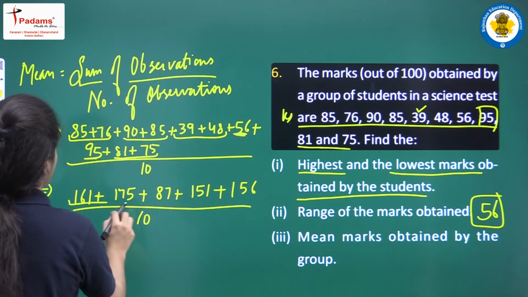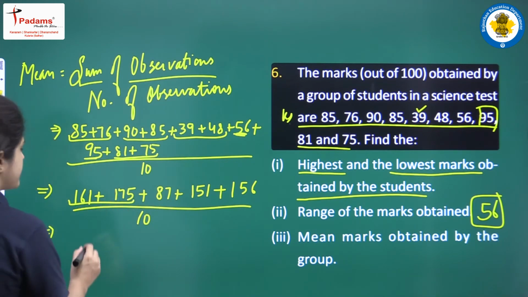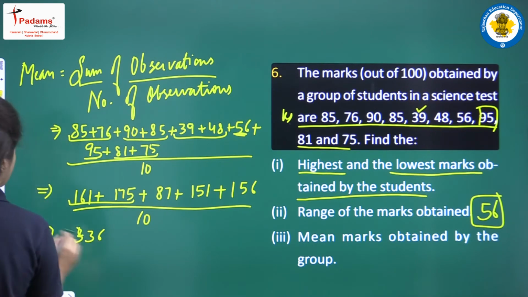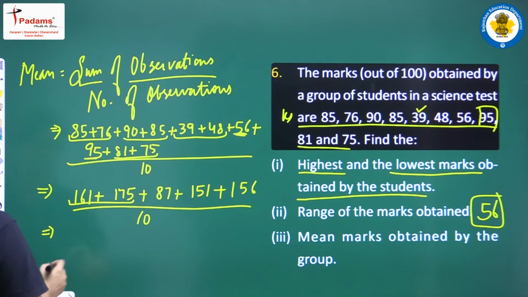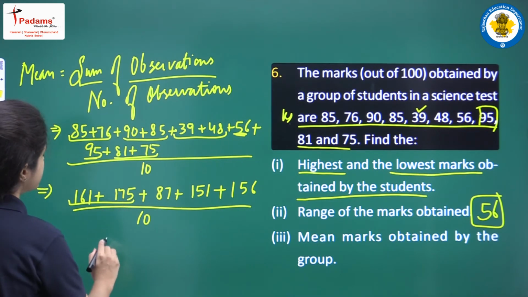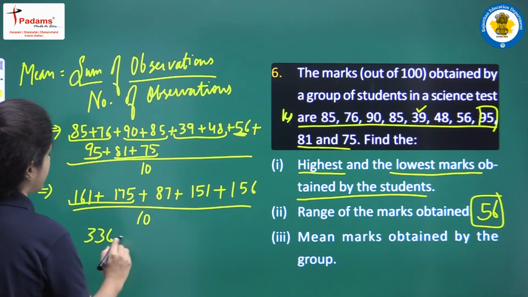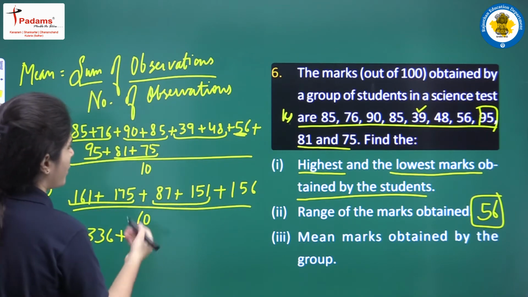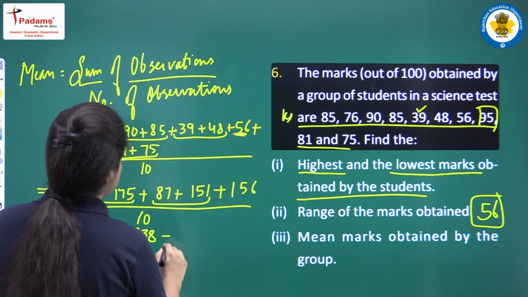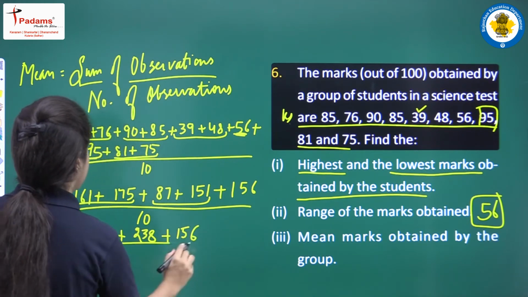Okay, so 161 plus 175 is equal to 336. Plus adding these two, what we'll get? 238 plus 156 upon 10.